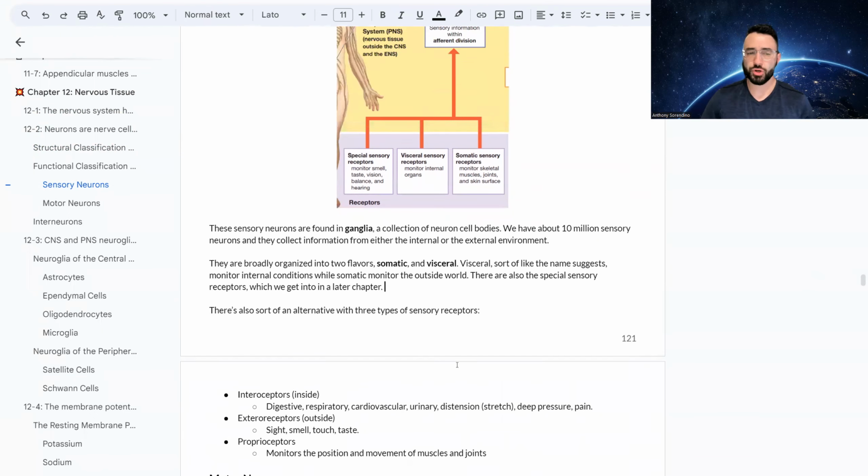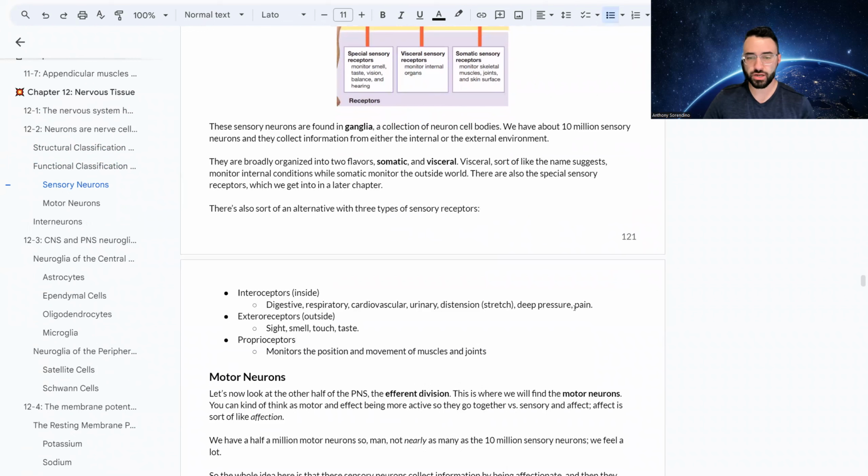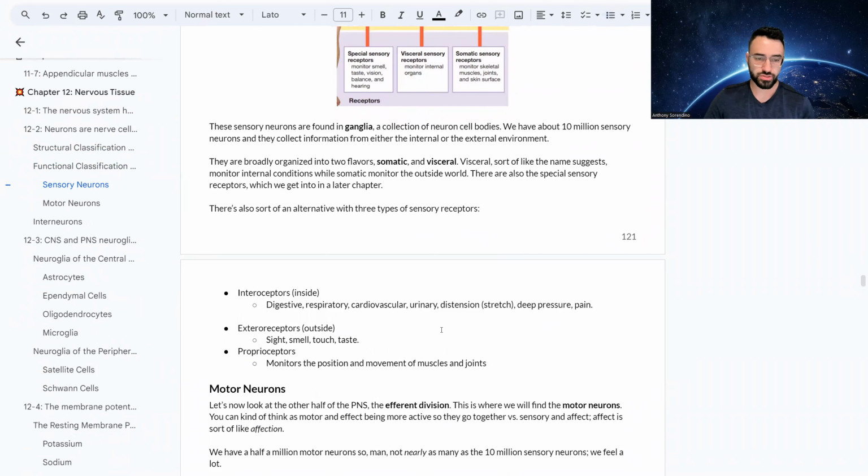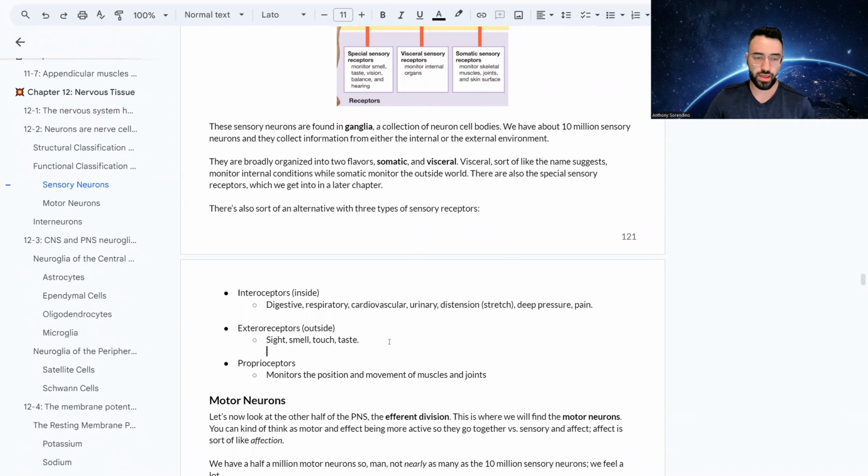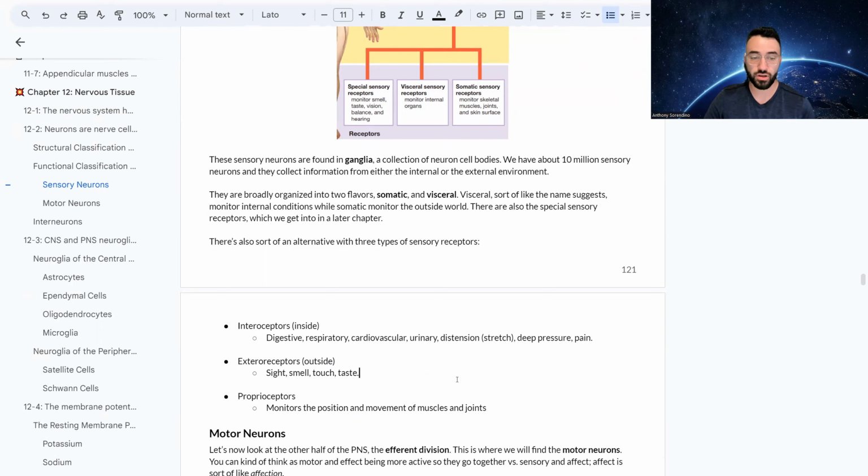We can also alternatively look at sensory neurons by these three classifications: the interoreceptors, the exteroreceptors, and the proprioceptors. I did see some test questions on this. So the interoreceptors, it's your inside stuff, your digestive, respiratory, cardiovascular.